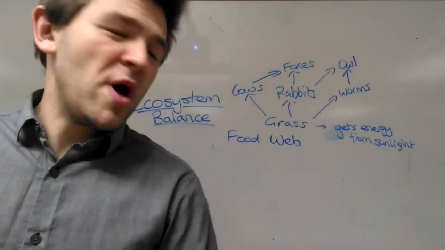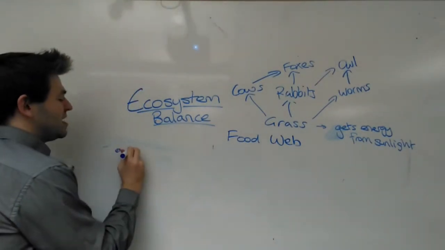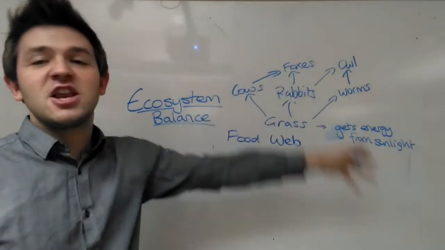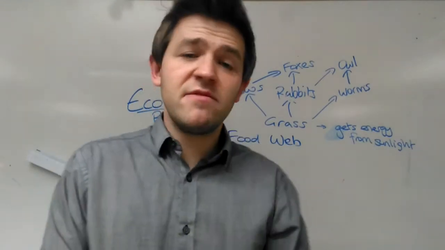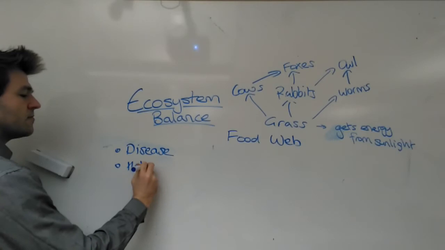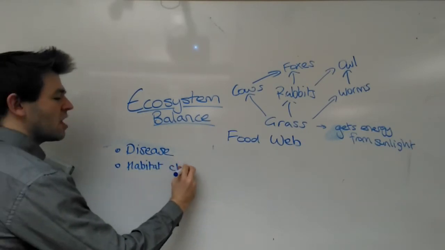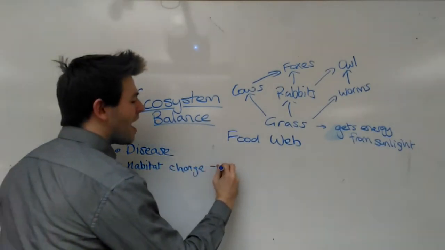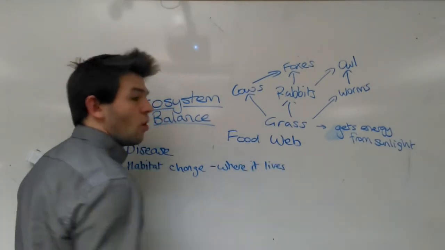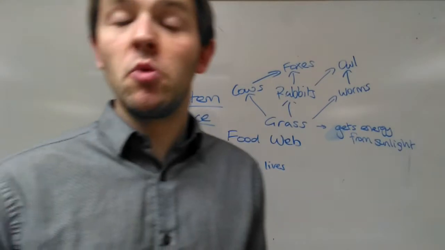One way, as I mentioned, could be disease. Disease could come and kill lots of living things. Another thing could be habitat change, where it lives. One problem we have on Earth today is global warming.